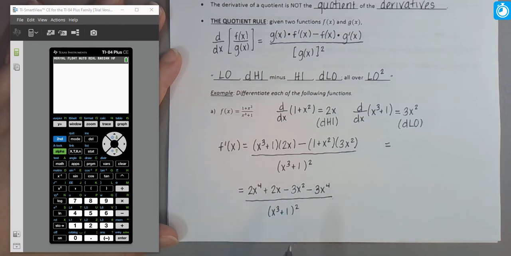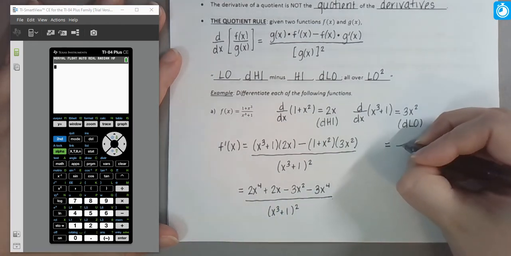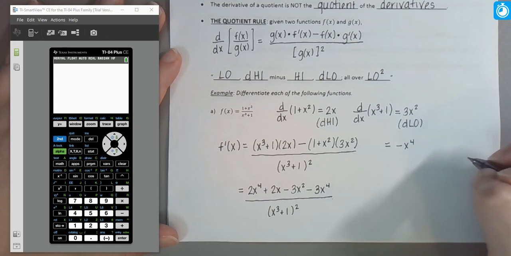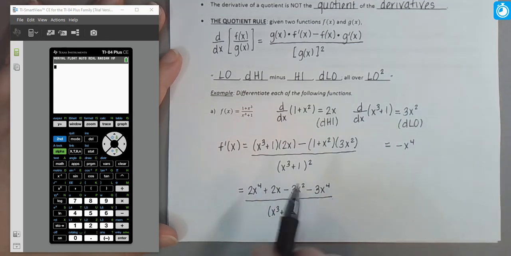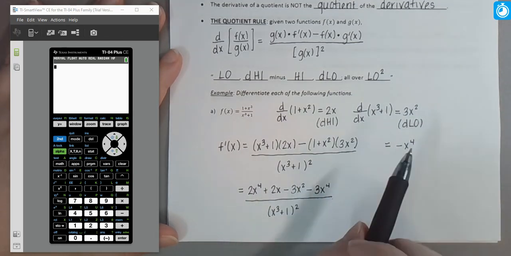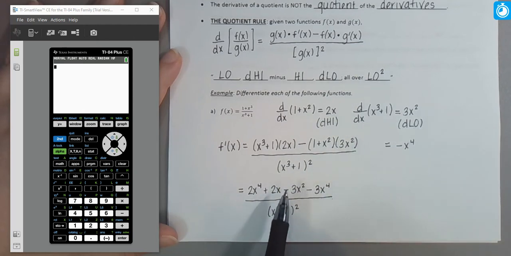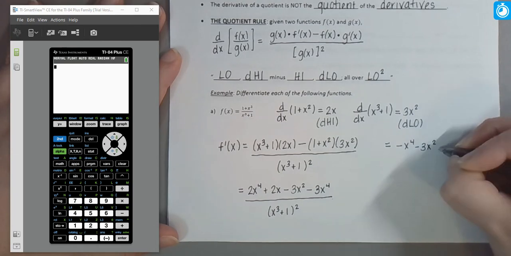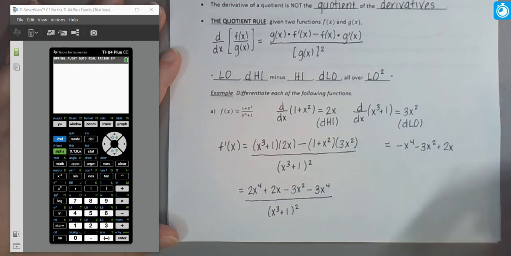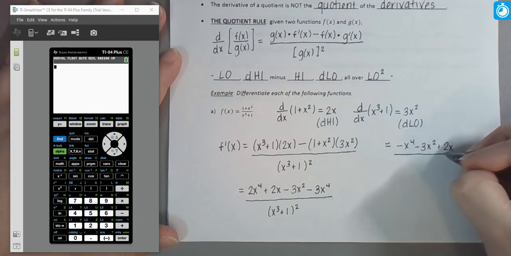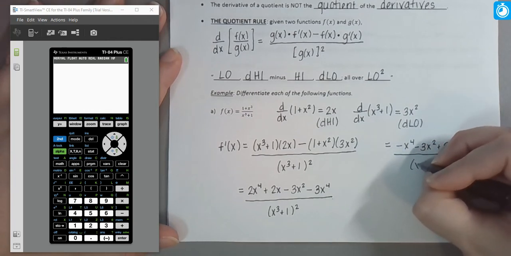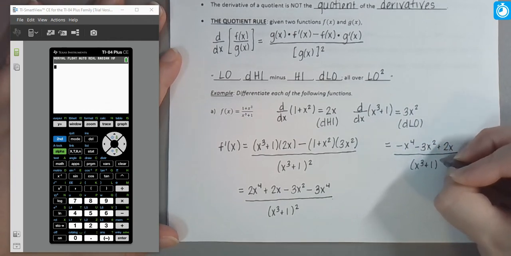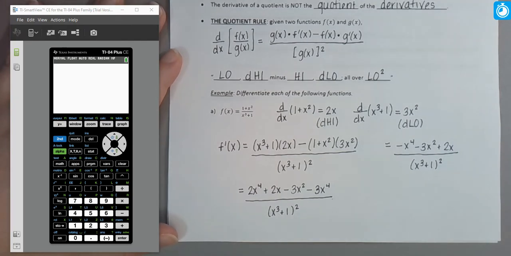So 2x to the 4th minus 3x to the 4th is going to be negative x to the 4th. And then if we write in the standard order, which will be highest exponents to lowest exponents, our next term would be the negative 3x squared. And then our final term would be positive 2x. All of that divided by x cubed plus 1 quantity squared.